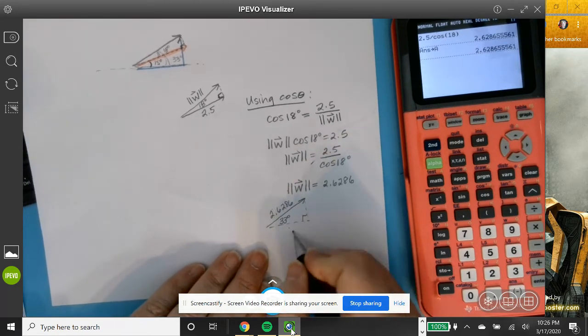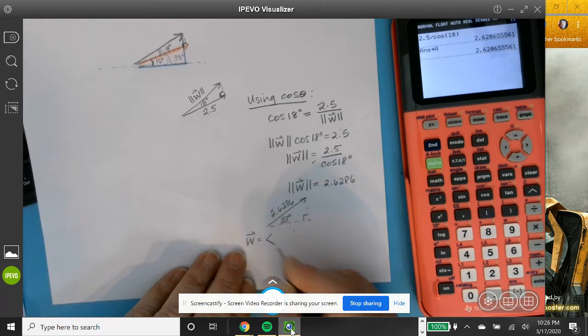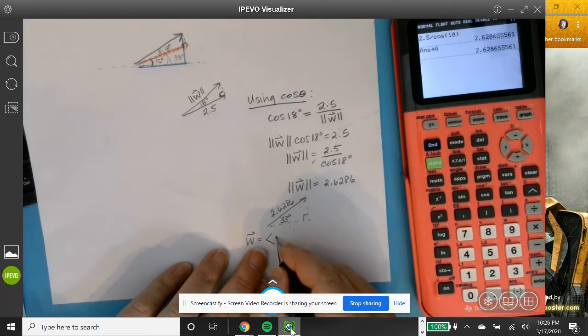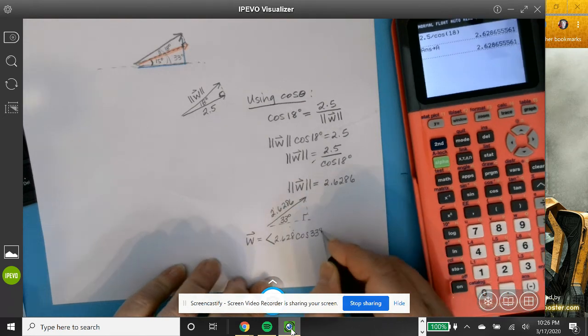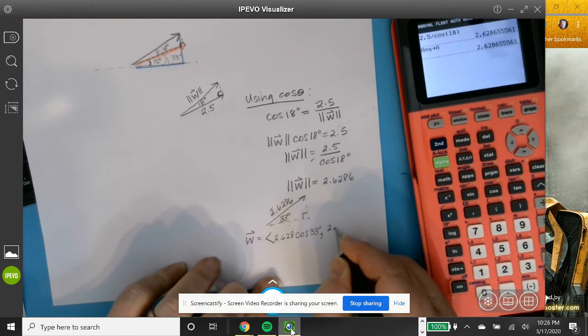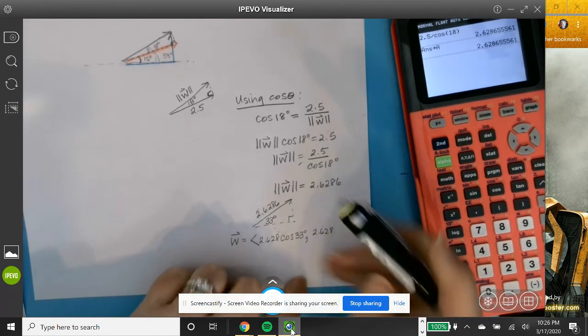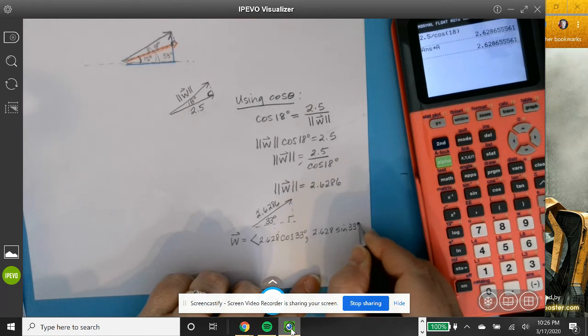And I can find this in component form. So W in component form is going to equal the magnitude, which is 2.628 times the cosine of 33 degrees, comma, 2.628 times the sine of 33 degrees.